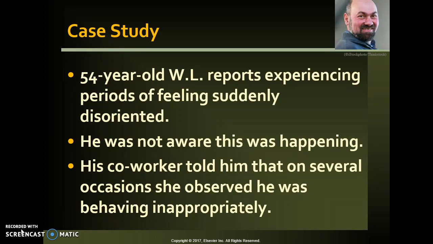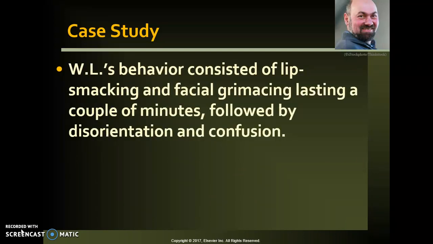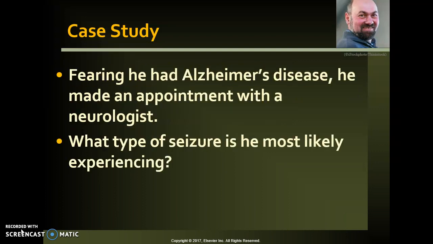So in this case study, 54-year-old WL reports experiencing periods of feeling suddenly disoriented. He wasn't aware when this was happening. His co-workers told him that on several occasions he was observed behaving inappropriately. His behavior consisted of lip smacking, facial grimacing, which would last a couple of minutes, and then he would act disoriented and confused.